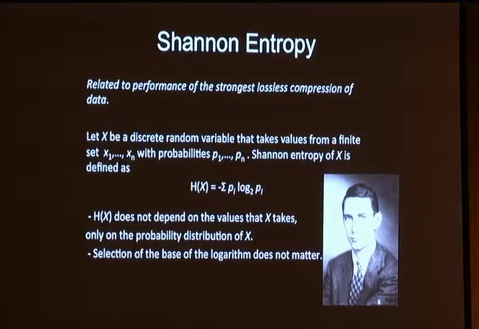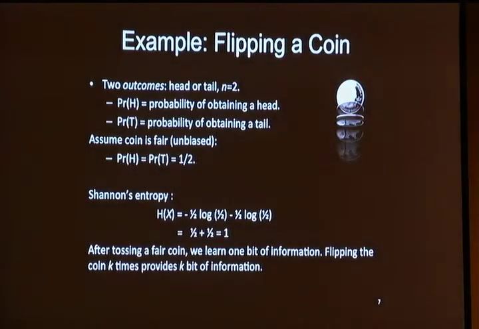As you can see from the formula, it really doesn't depend on the values of the xi's. It only depends on the probability distribution of xi. Here we use the logarithm base 2, but actually the base really doesn't matter. You can use any base here, and you only need to multiply by a constant if you need to change the base. Let me give you a classical example where we flip a coin.